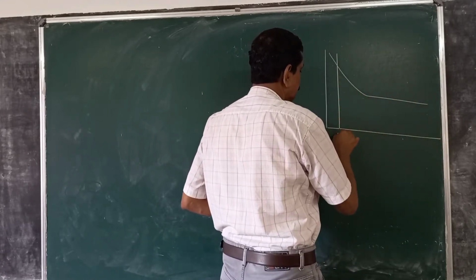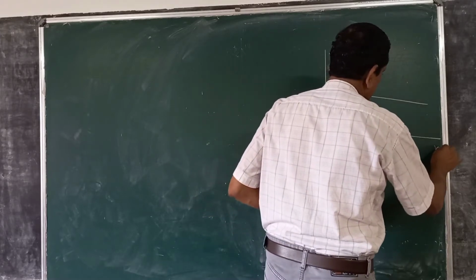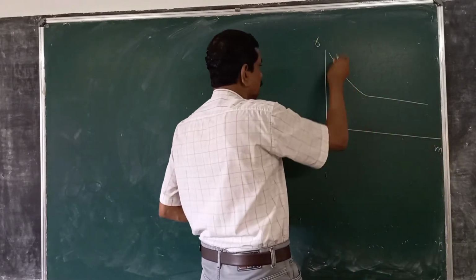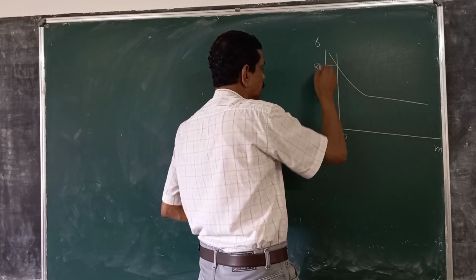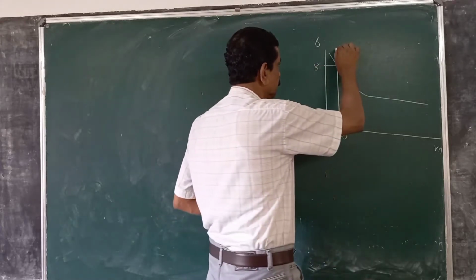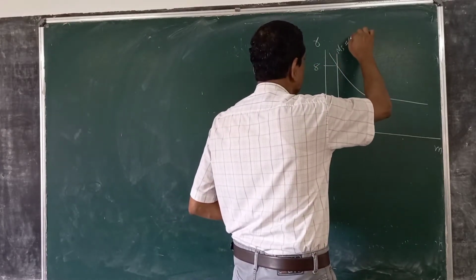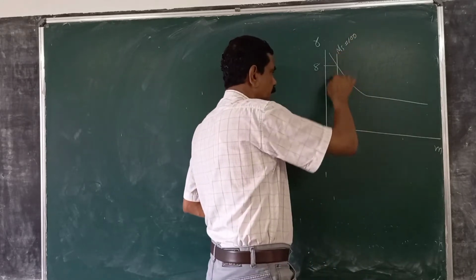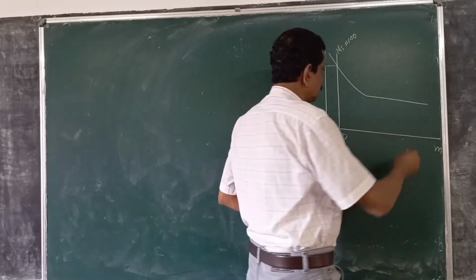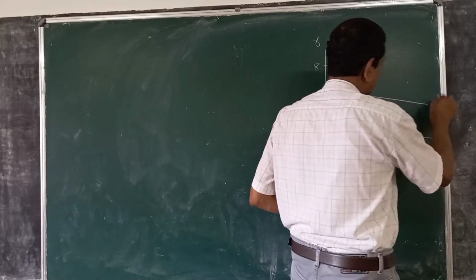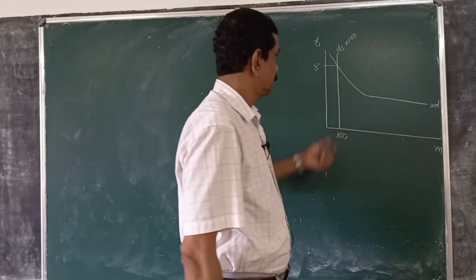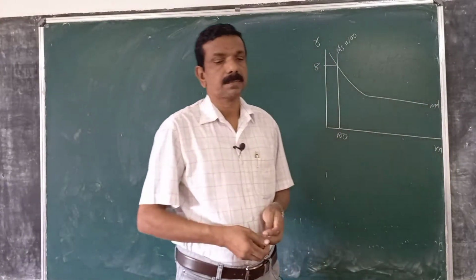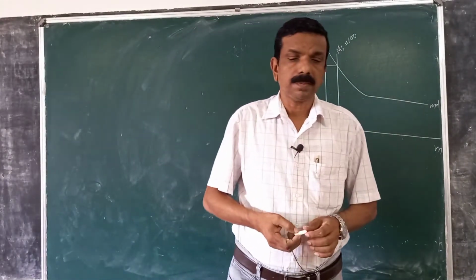Money supply was 100, equilibrium at 8%. Equilibrium, that is equality between supply of money and demand for money, occurred at 8%.